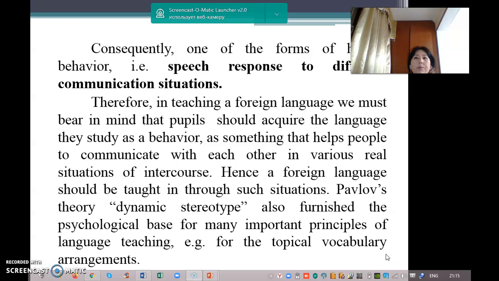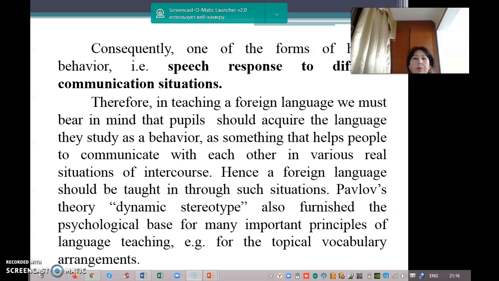Consequently, as one of the forms of human behavior, speech responds to different communication situations. Therefore, in teaching a foreign language, we must bear in mind that pupils should acquire the language they study as behavior, as something that helps people to communicate with each other in various real situations of intercourse.